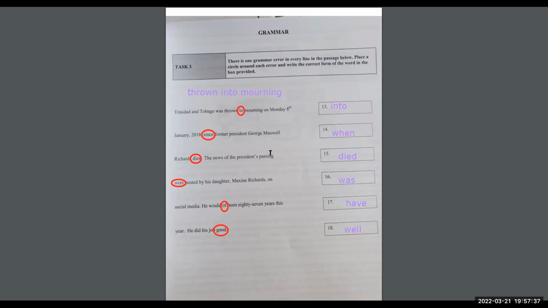So very, very good job. So thrown into mourning when he died. The news is singular, even though it looks plural, so we use was. Would have, we never say would of. And instead of saying he did his job good, which is an adjective, we use the adverb form of good, which is well.